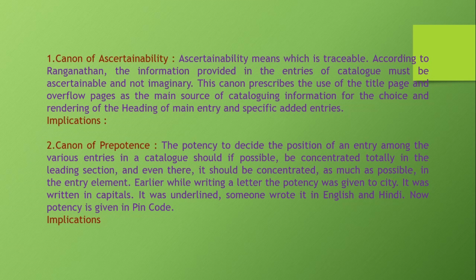For example, in the case of a pseudonymous author, if the title page gives the pseudonym, the author entry is made under the pseudonym, and if the real name is also given in subordinate matter, it is also given in the heading section.